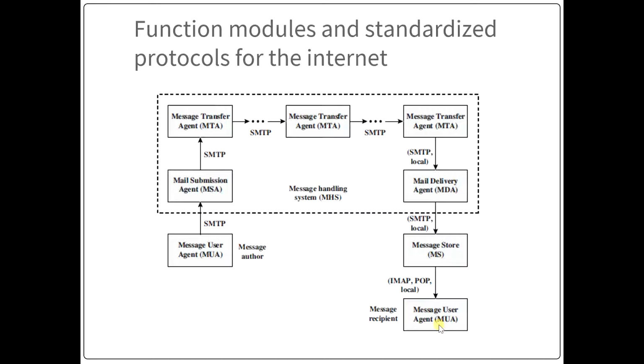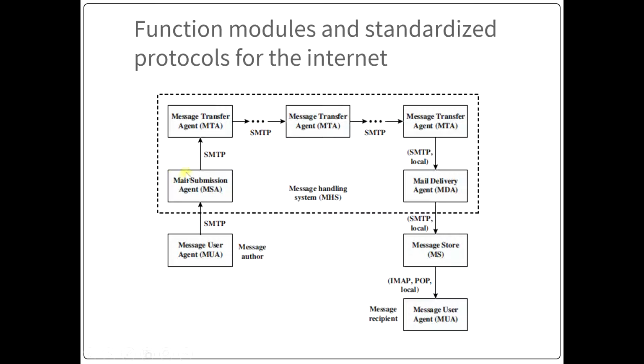The recipient MUA processes the received mail for storage or for display to the recipient user. The second key component is the mail submission agent, referred to as the MSA. The MSA accepts the message submitted by a MUA and enforces the policies of the hosting domain and the requirements of the internet standards.